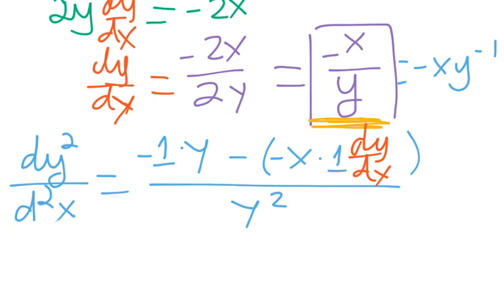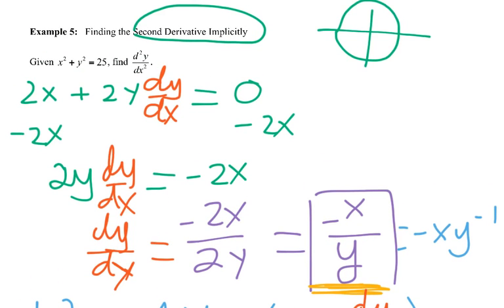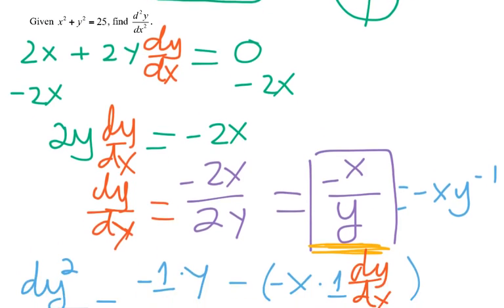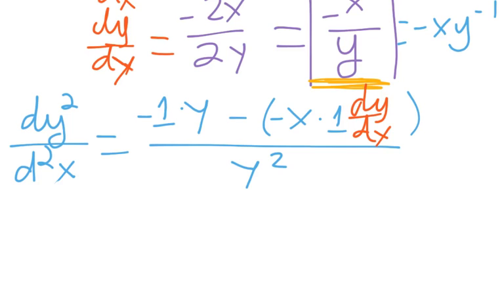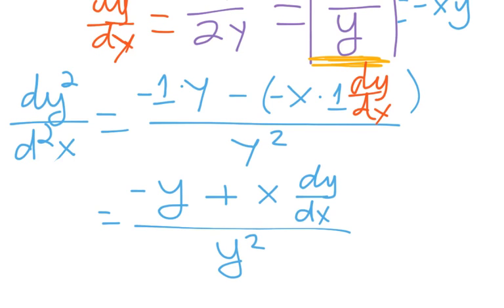This example was asking for the second derivative. So let's simplify. Negative y, minus a negative becomes a positive x dy over dx, over y squared.